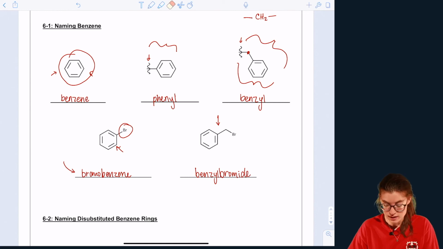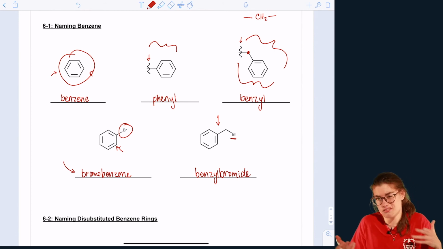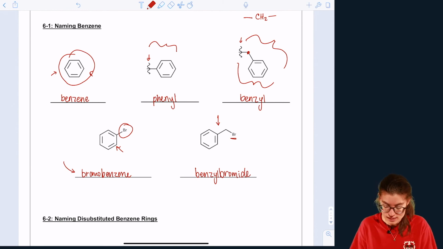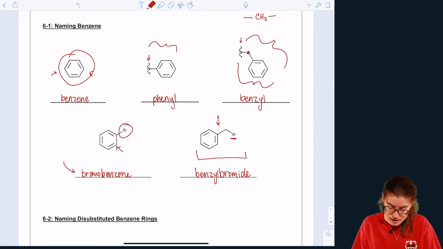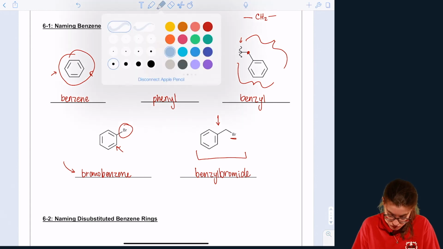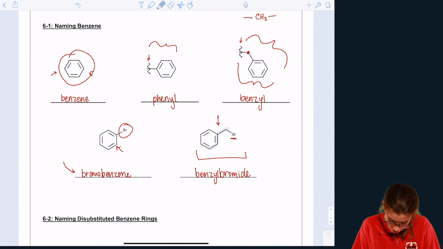So what can we do? Well, what we do here is we consider the bromine molecule kind of like the parent, if you will. And I'm not sure if this is the systematic way of naming this, but if you see this, then we have a benzyl substituent, just like we had up here.